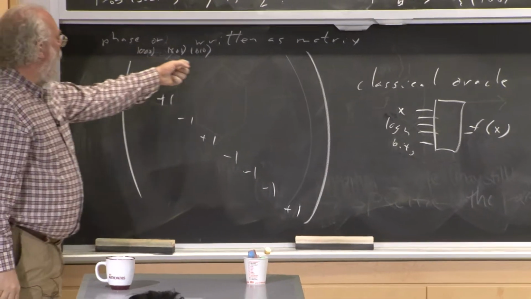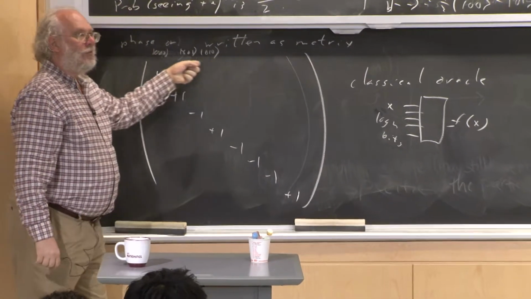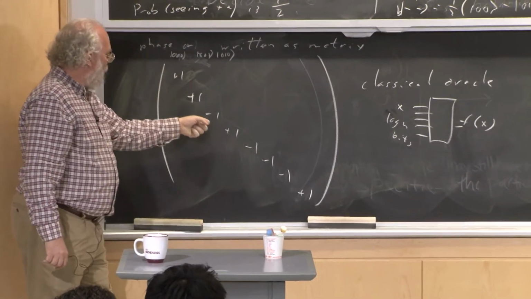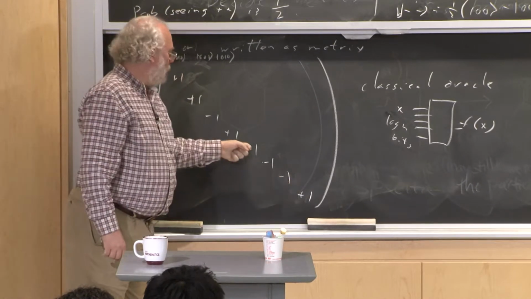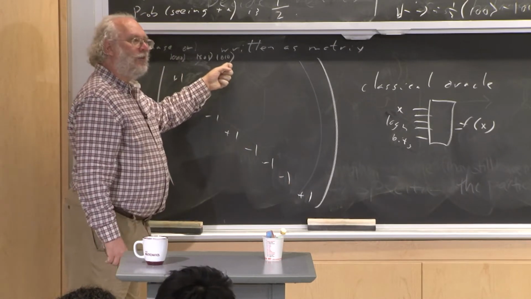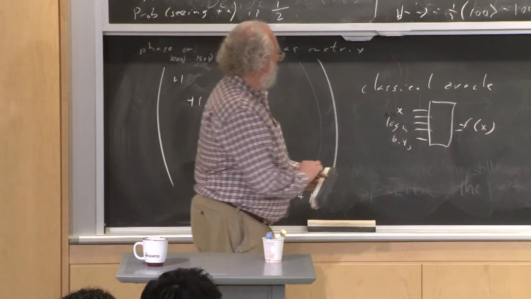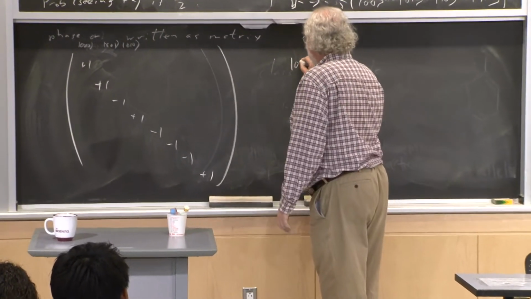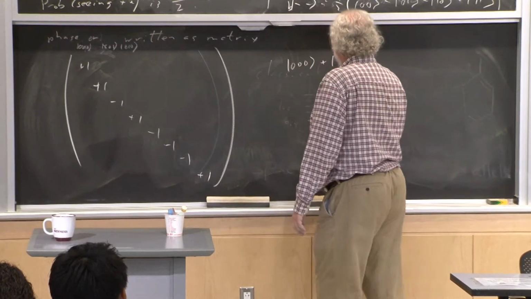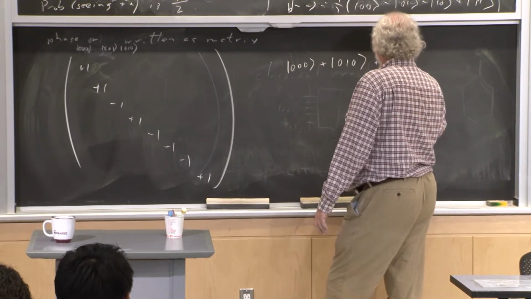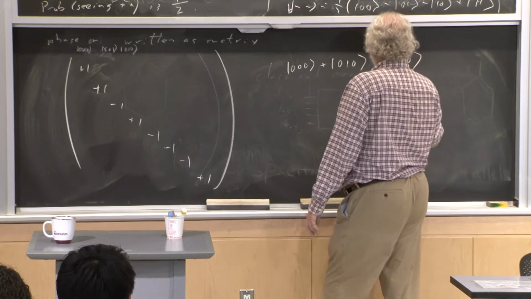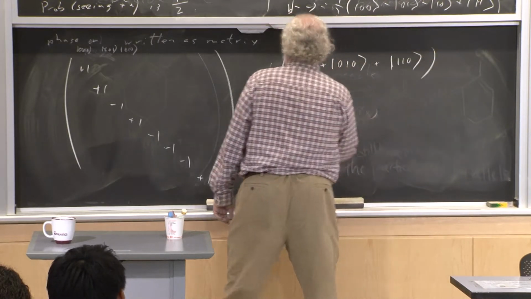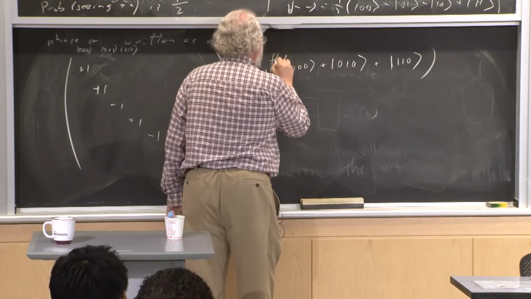So if you put in a basis state, it applies the minus sign if the basis state is f of x. So input, say 0, 0, 0, plus 0, 1, 0, plus 1, 1, 0, minus 1 to the f of x.